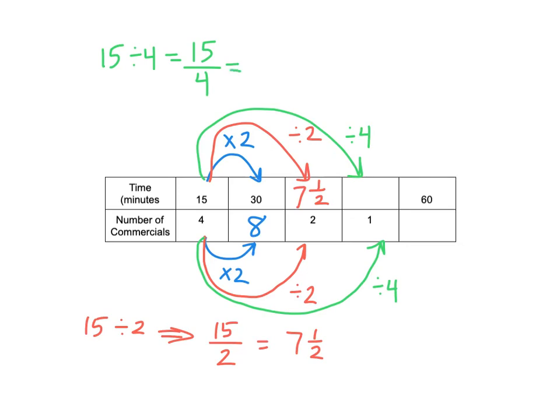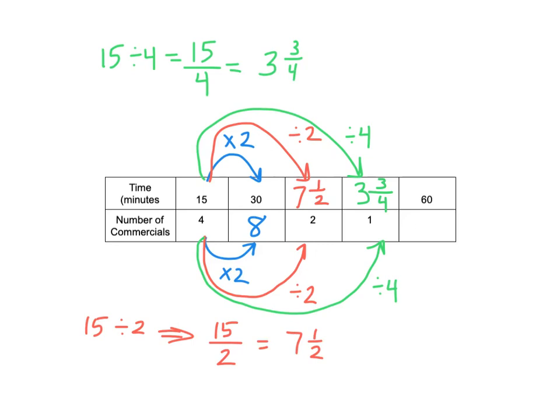And that's equivalent to 3, and that would get me up to 12. And we would have 3/4 left over. So that means we would have 3 and 3/4 here.